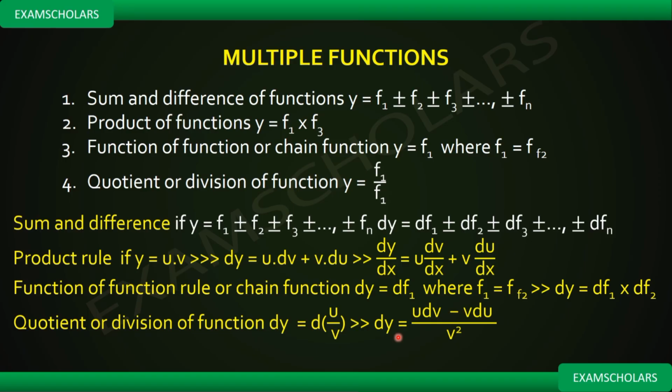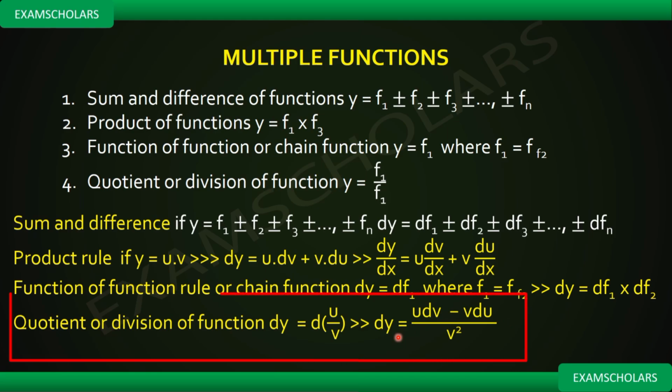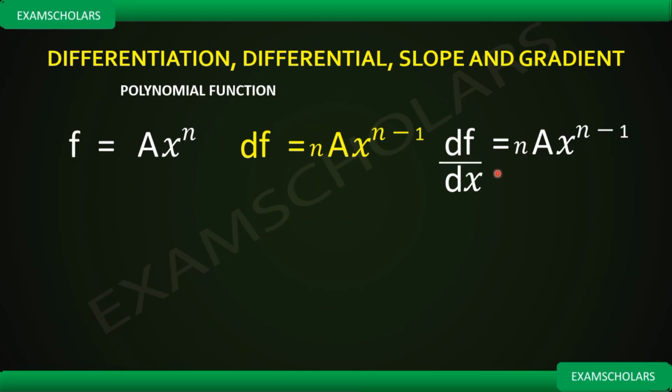That is called a chain function or function of a function. That leads us to the chain rule, how you can differentiate this type of function. Master that as well. I also explained the quotient rule when a function is dividing another function. So there is a rule for it. Please master the differentiation.